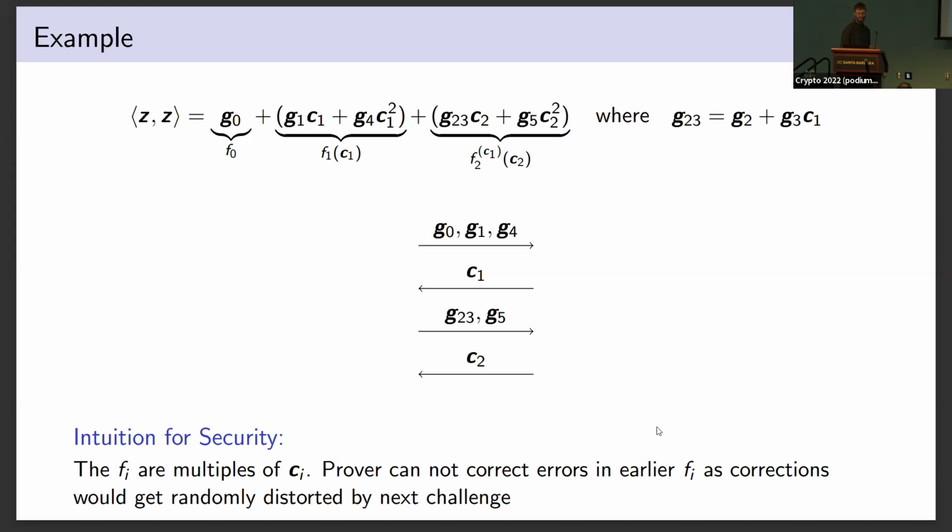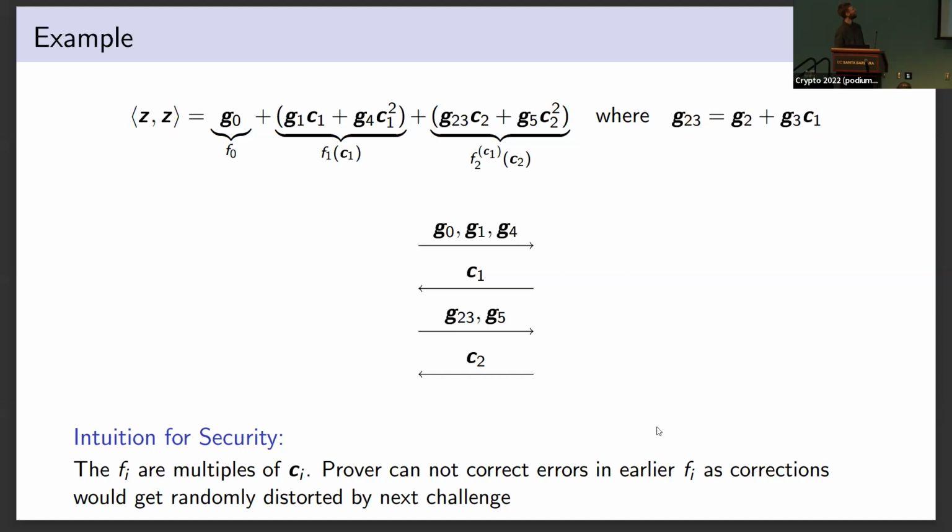The intuition why this is secure is that essentially the attack that we need to make impossible is that the prover can somehow control the evaluation of the final polynomial at the challenge coefficients, or the challenge polynomials. They are also polynomials, but in the underlying ring. The reason he can't do this is that all these f_i polynomials are actually multiples of c_i.